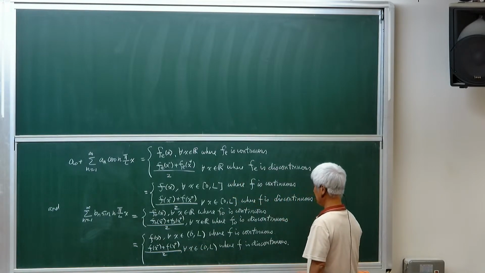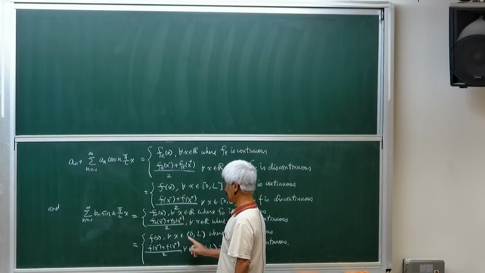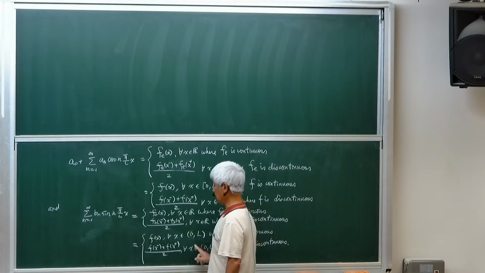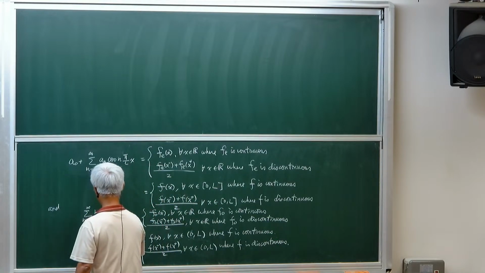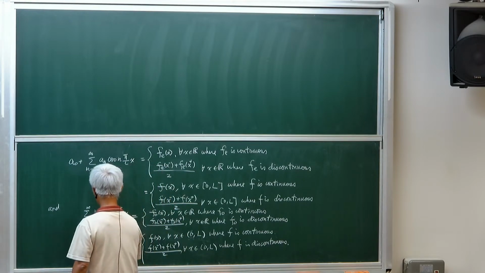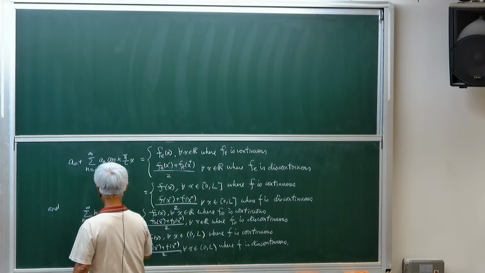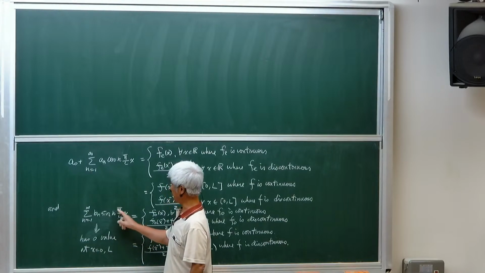Okay, and for when x is equal to 0 or equal to L, as we know this function has 0 value at x equal to 0 and L. You can see that it is 0, and if x is L, this m pi is also 0.